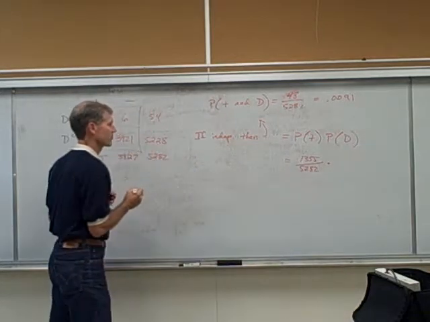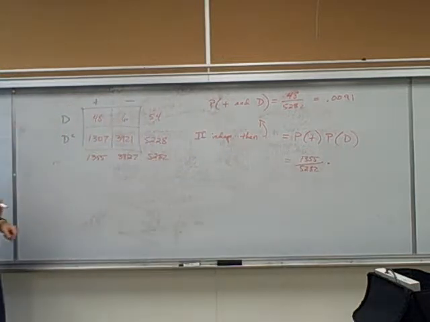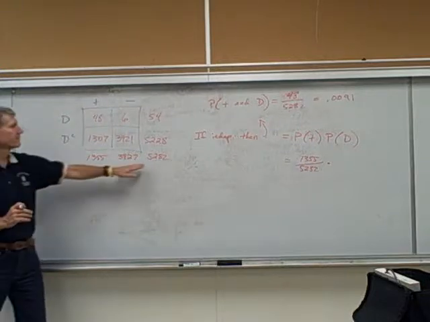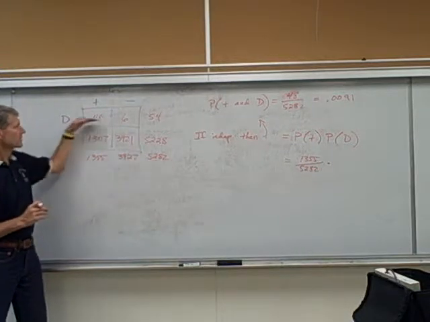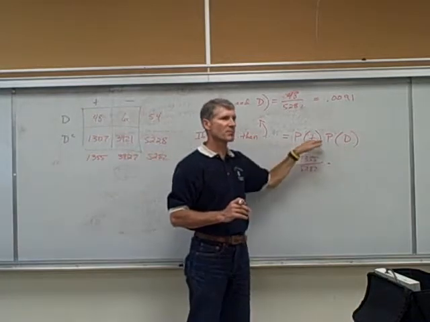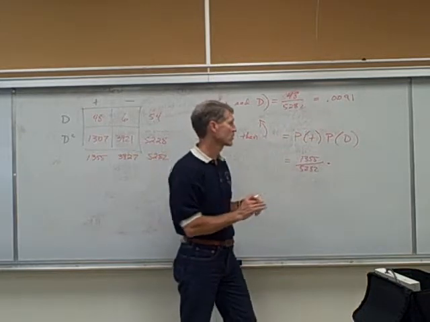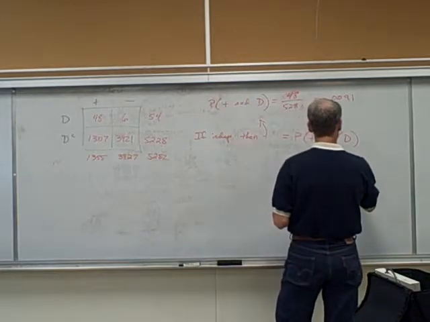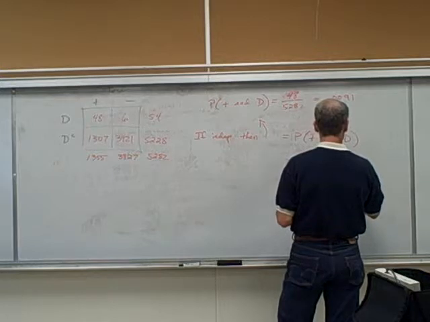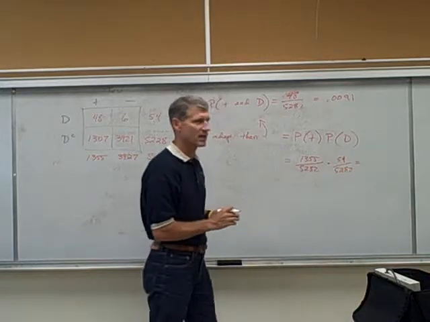Good. And then the probability of D. 54 out of 5282. That's a row total. So these are marginal probabilities. They're in the margins of the table. So you either use a row total or a column total. So this one is 54 out of 5282. When you multiply those two together, what do you get as a decimal?